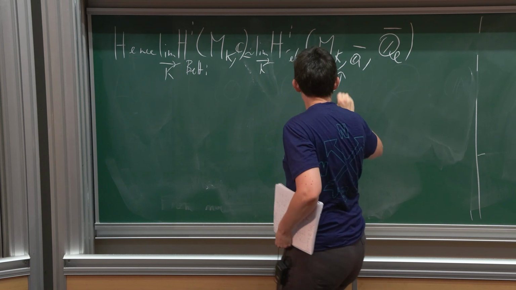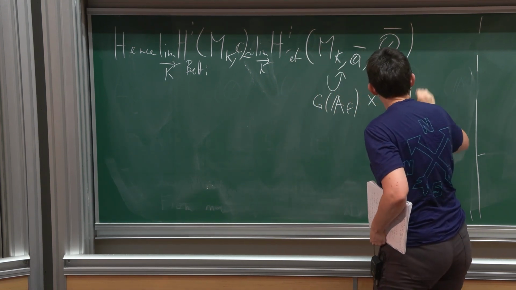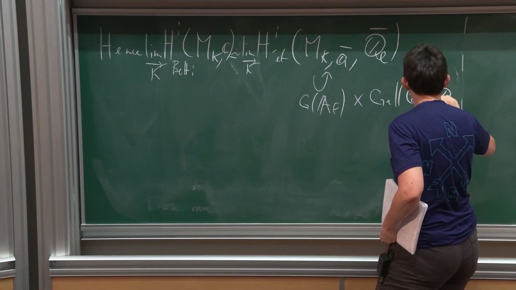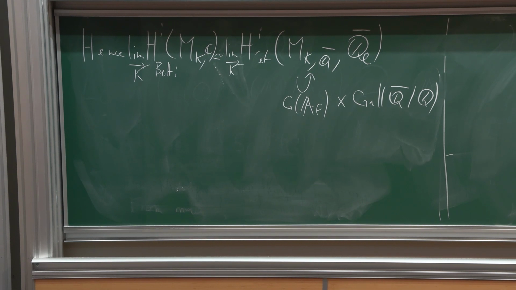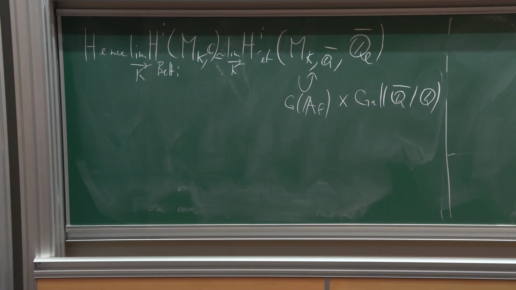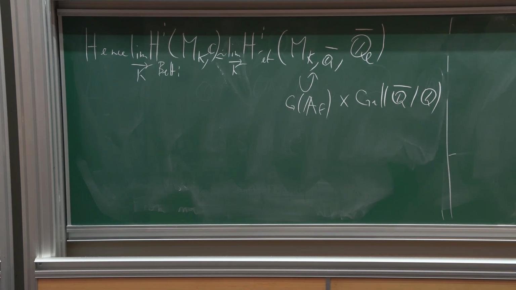So this has an action of the absolute Galois group of Q, and it still has an action of G of A_F. Why does it have an action of G of A_F?